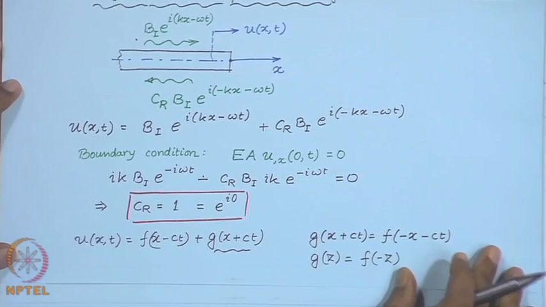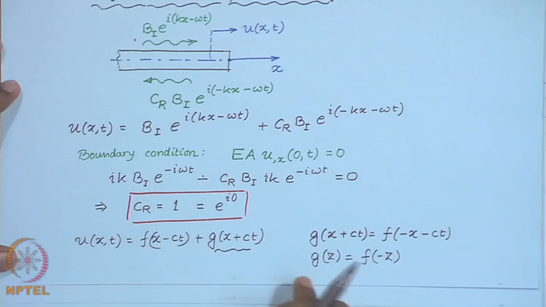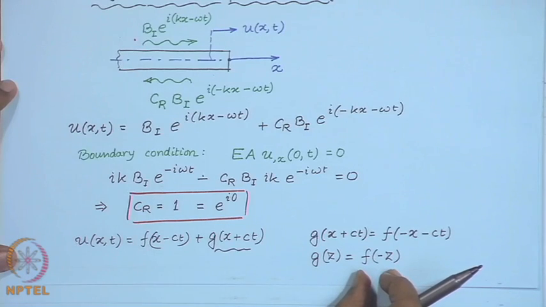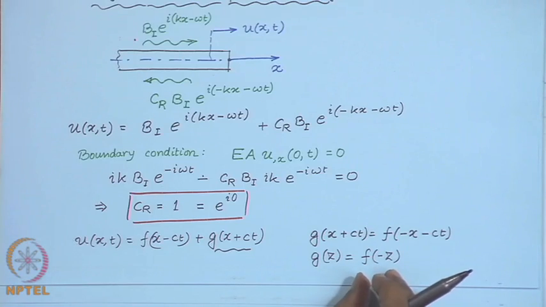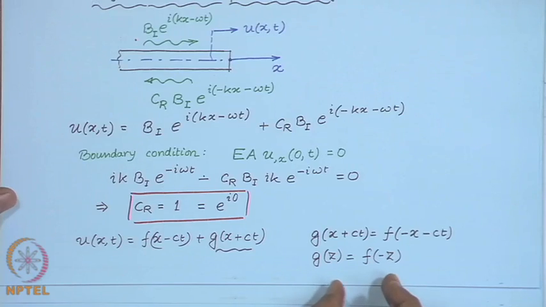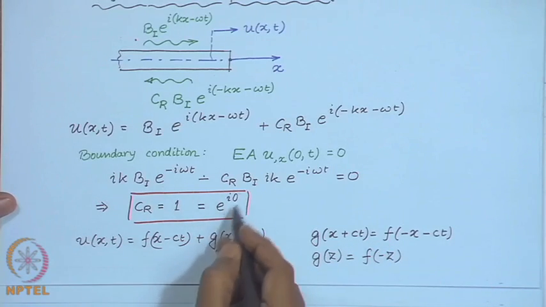Now, recall that for a fixed boundary g of z was minus f of minus z, and f of minus z is just the mirror reflection of f of z. So, there is no inversion of the wave, there is no phase change.